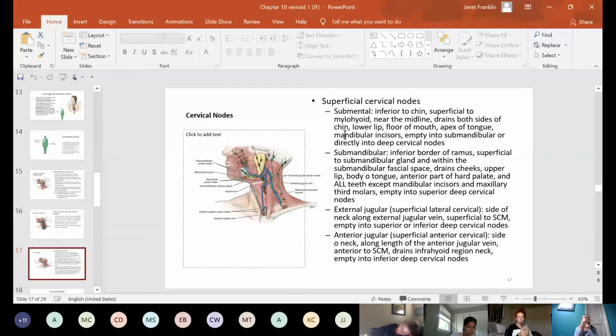Your submental is going to flow back to the submandibular, and it's all eventually going to go into your deep cervical nodes, the superior or top part. Except your maxillary third molars, which are going to go directly there. They're not going to come forward, drain to the submandibular, and then go back. They're just going to drain directly back.